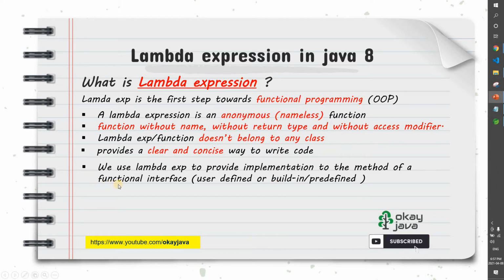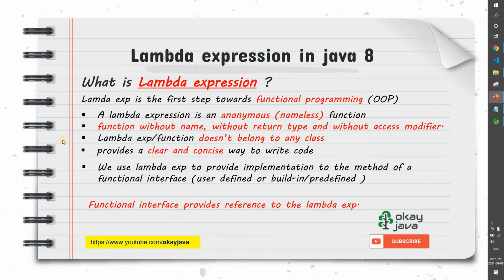I hope you know a functional interface is an interface having a single abstract method, SAM. So we use lambda expression to provide implementation to the method of a functional interface. Or in other words, a functional interface provides a reference to the lambda expression. I will explain these two topics as part of the coding section.